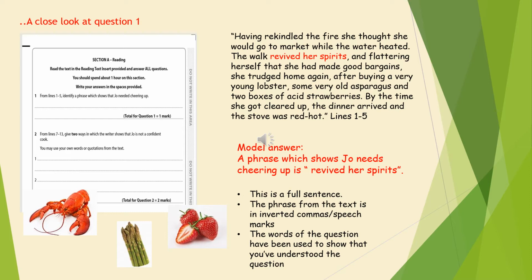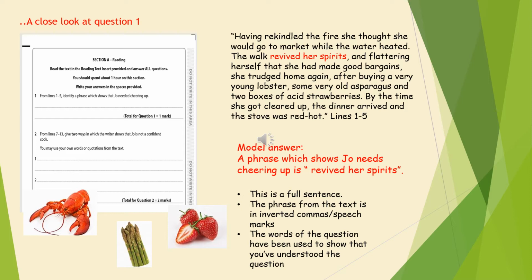Question 1 simply says, from lines 1 to 5, identify a phrase which shows that Jo needed cheering up. And if you read the extract on the right hand side of this slide, this is a repetition of lines 1 to 5.